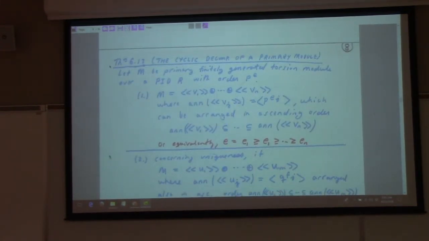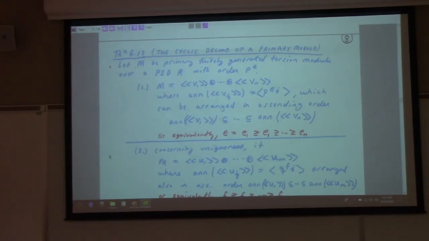So from that lemma, we get the cyclic decomposition of a primary module. If M is a primary finitely generated torsion module over a PID with order P to the power E, then M is the direct sum of the cyclic modules generated by v1 up to vn, where the annihilator of the module generated by v sub j is equal to the ideal generated by P to the power e sub j.